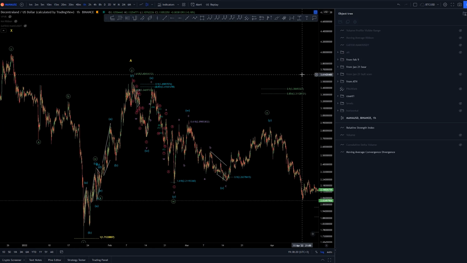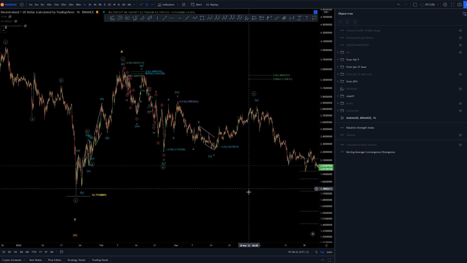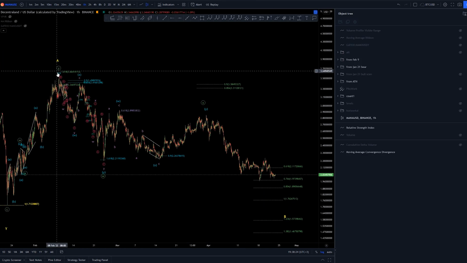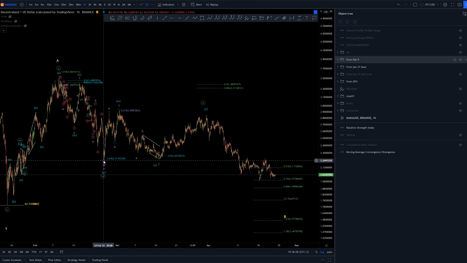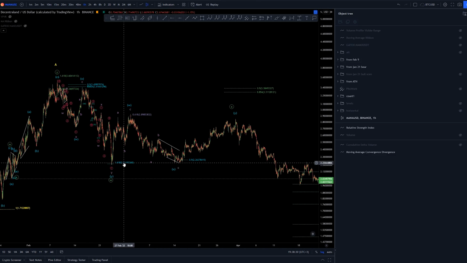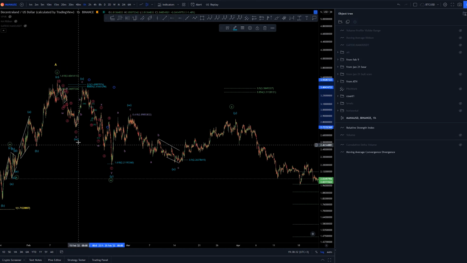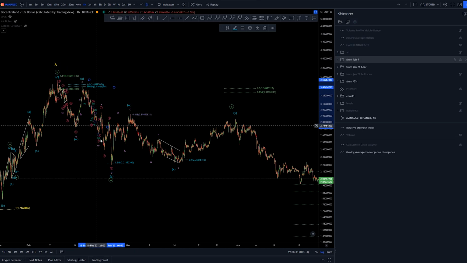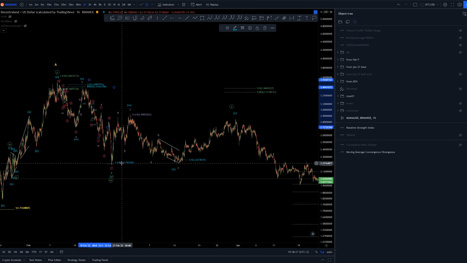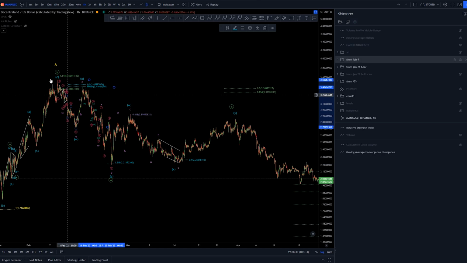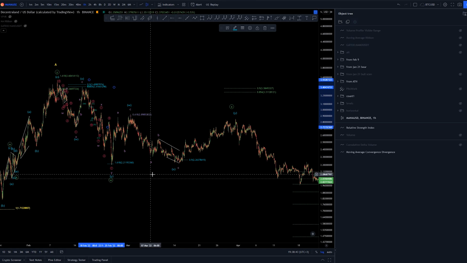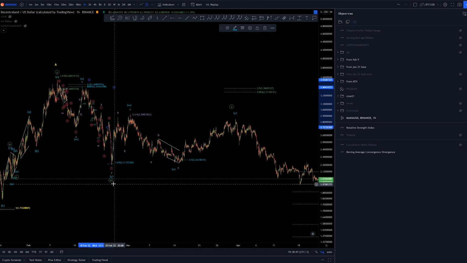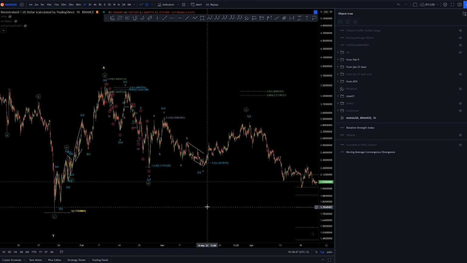So on here, just to continue this just a bit further, I've labeled this as WXY down to this low at 24th of February. Now the target for this light blue minuet count is met at 1.618, which is fine again. This is again for the W wave.